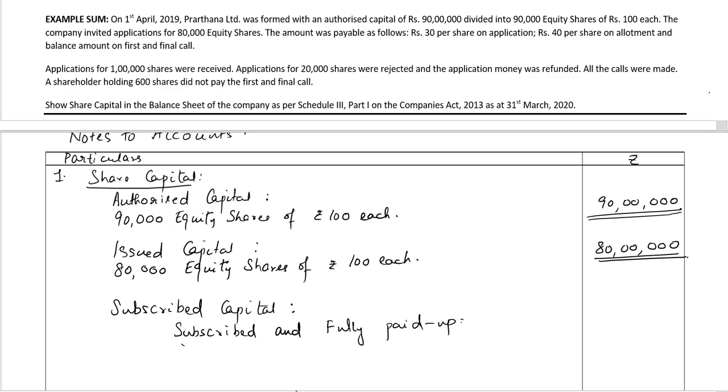We have 79,400 equity shares of rupees 100 each. This is classified under subscribed and fully paid up. So we have 79,40,000 rupees.